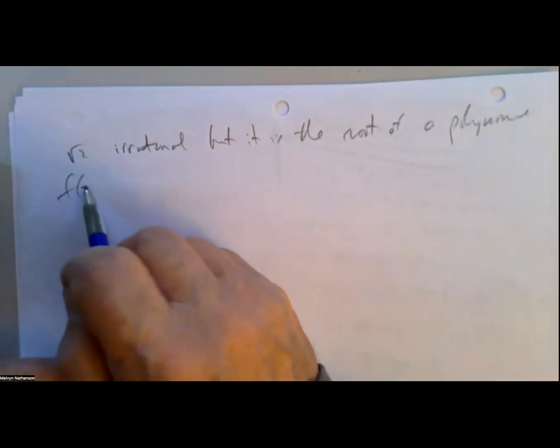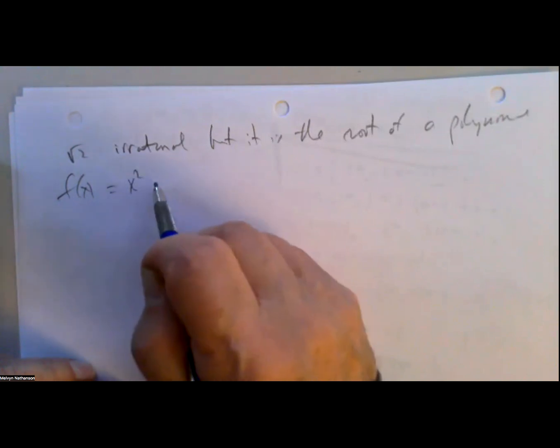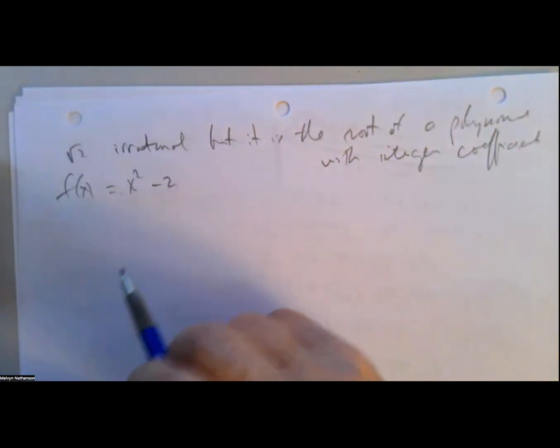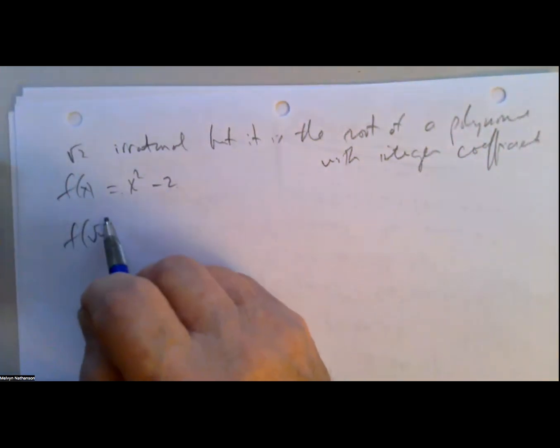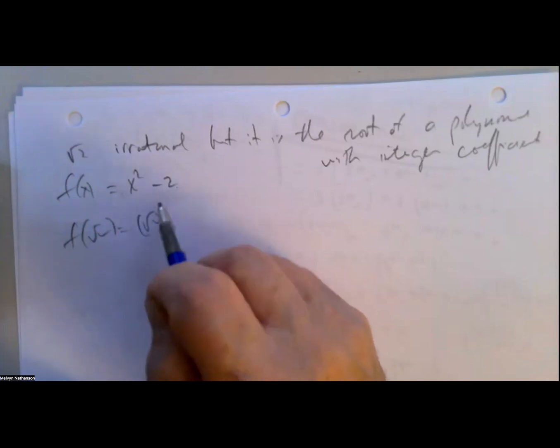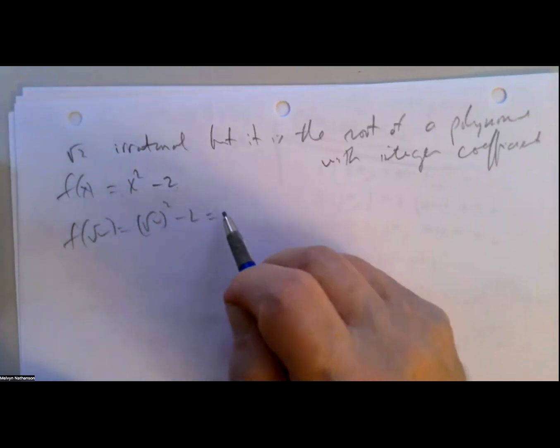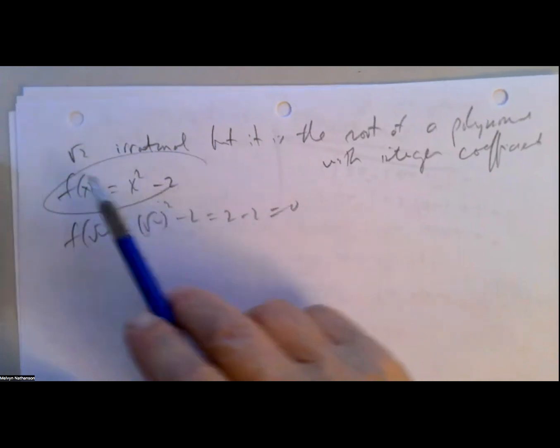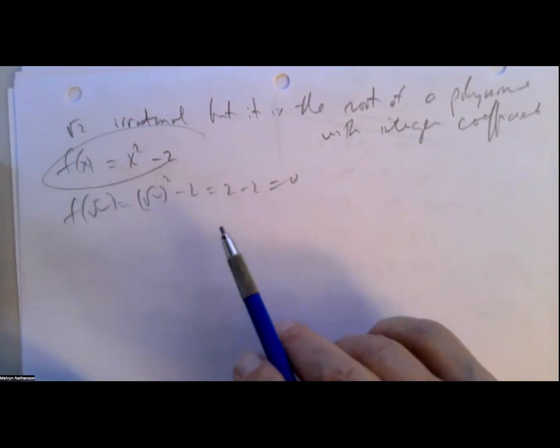If you take the polynomial f of x equals x squared minus 2, this is a polynomial with integer coefficients, right? 1 and minus 2. F of the square root of 2 is the square root of 2 squared minus 2, which is 2 minus 2, which is 0. So this polynomial has the square root of 2 as a root.